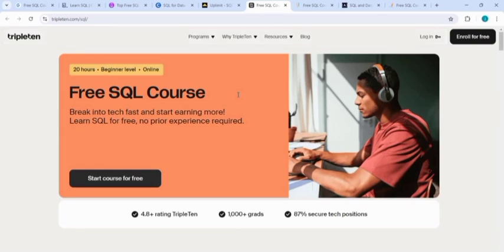So if you are interested, then you can go. But my personal advice is, there is no need to go for the membership. If you have your mind for the membership, you can also go.